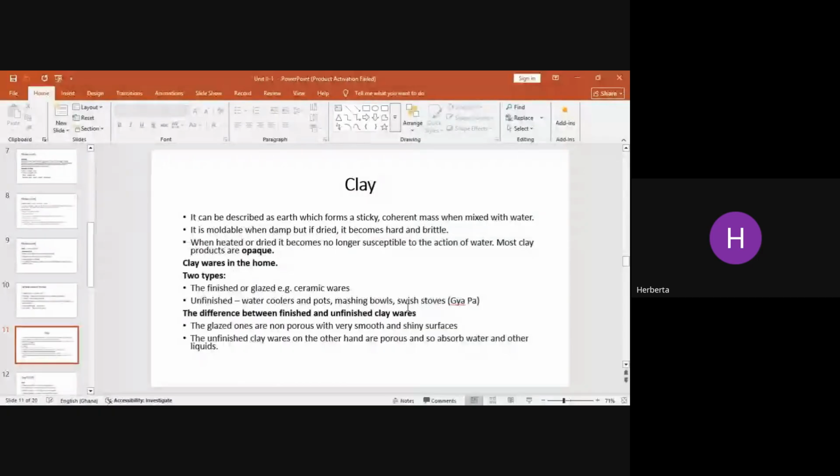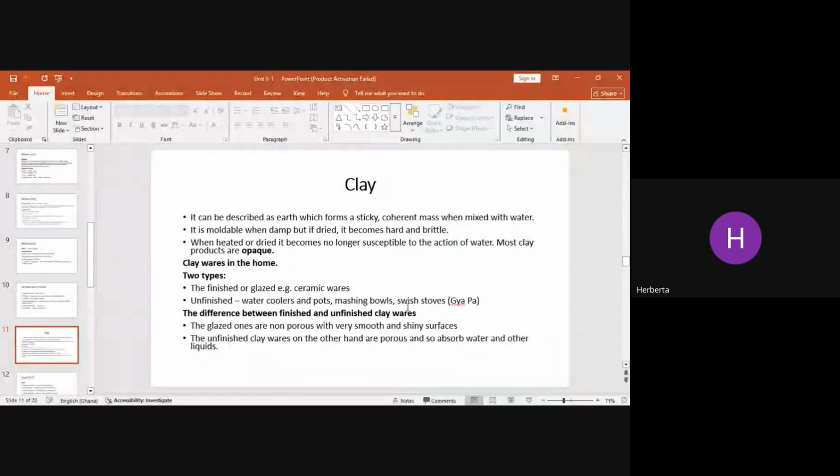Some are not even subjected to heat. They are just left after molding it into the equipment that you want, to dry, become very dry before it is used.